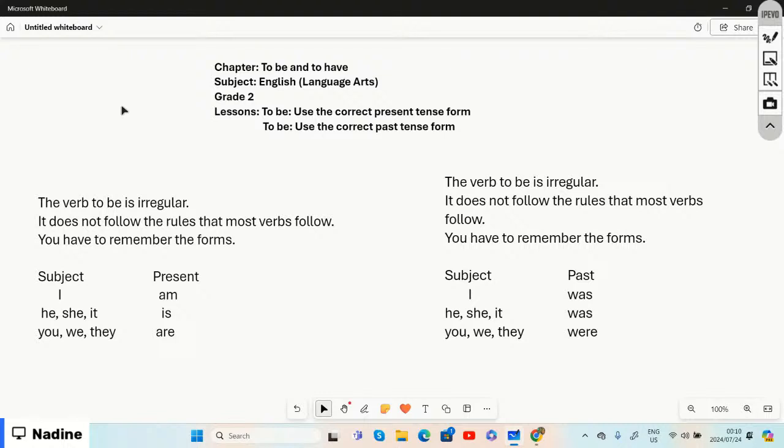So we see that our chapter is to be and to have. Our subject is English Language Arts Grade 2, and the lesson says to be. Use the correct present tense form.